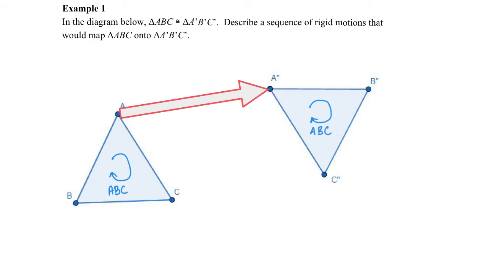And then all we did was basically rotate. When I did that, I got something that sort of looks like this. Doesn't have to be exact. So this would be B prime, this would be A prime up here, this would be C prime. And then what did I do? I rotated this around this way until B prime mapped to B double prime.